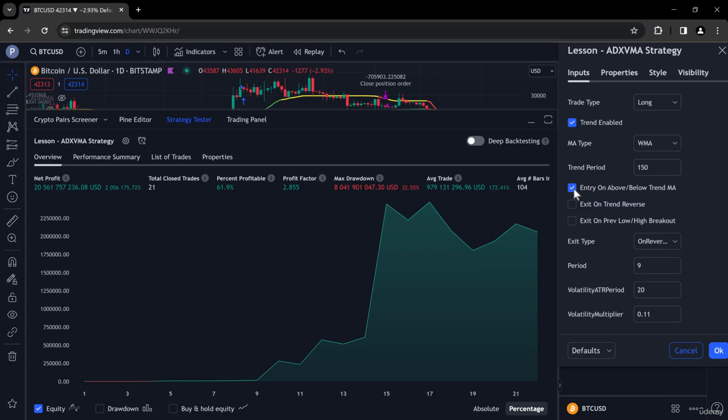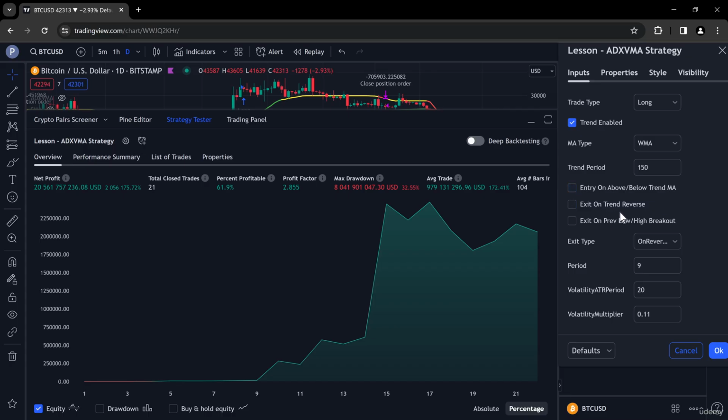For longs, only when price is above the trend moving average will trades be taken, and when the trade is short, only when price is below the trend MA will it allow us to enter short trades.